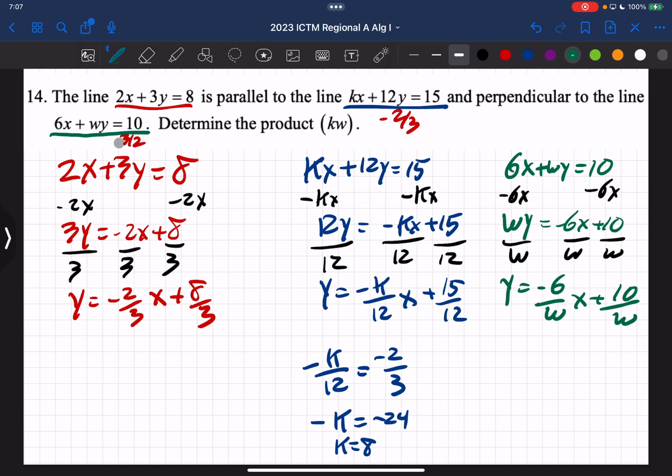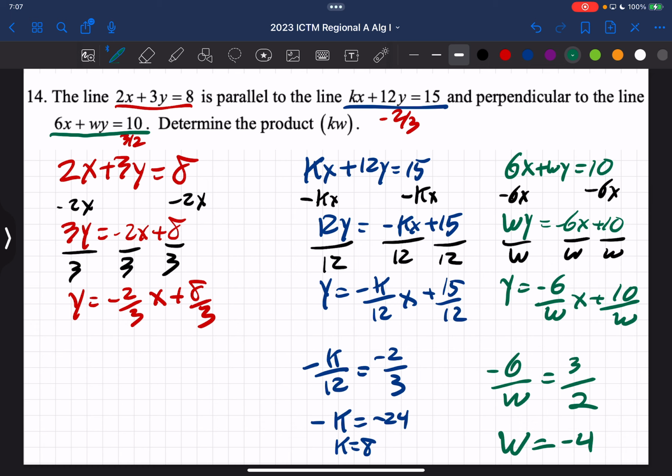So now we know that this has to be a slope of 3/2 because perpendicular slopes are opposite and reciprocal. So this is negative, this is positive, and then we flip the fraction. So negative 6 over w equals 3 over 2. So negative 6 times 2 is negative 12, divided by 3 is negative 4.